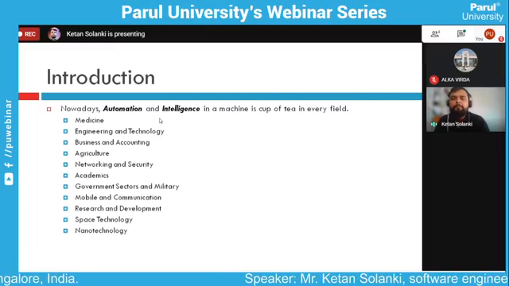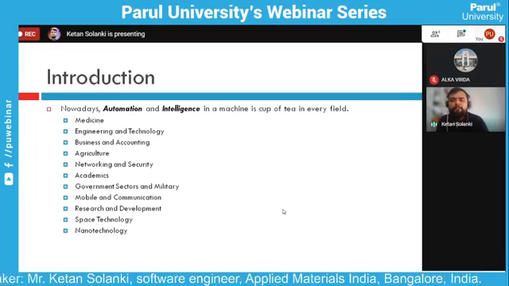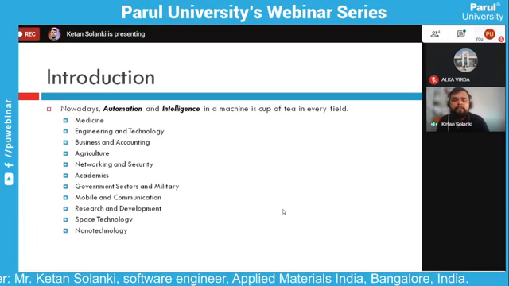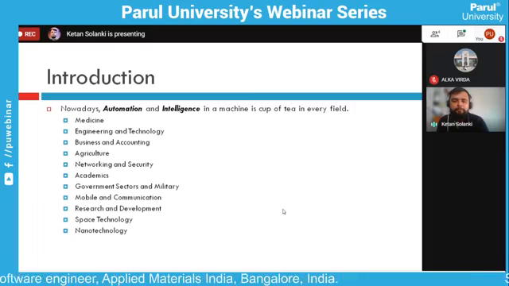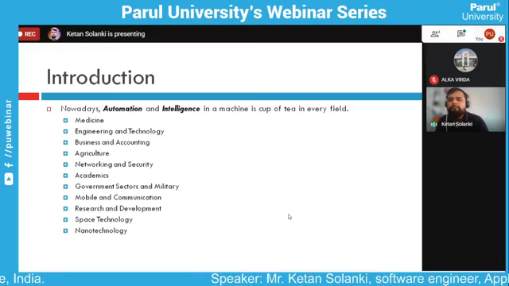Nowadays the trending technologies are mobile and communication, research and development, space technology, nanotechnology. Even in the government sectors, military, air force, border security force, everywhere, any device or product that is used is smart and equipped with multitasking features. The best example we have in our hand is a mobile.